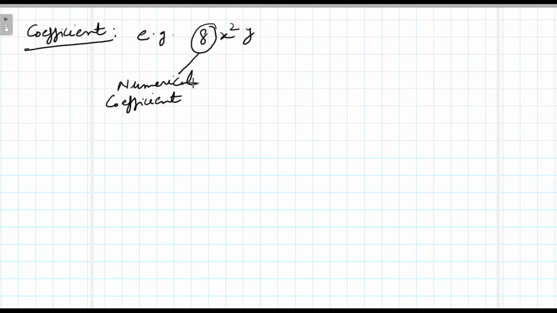The non-numerical factor, x square y. So here all variables of the term are called the literal coefficient. So this is the literal coefficient, and it will include all the variables, right?